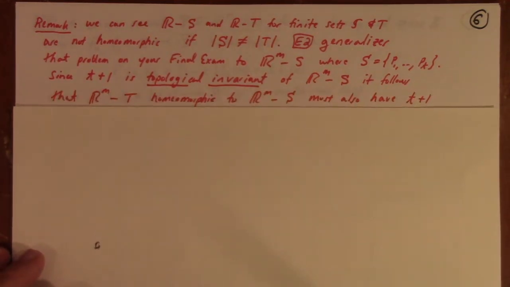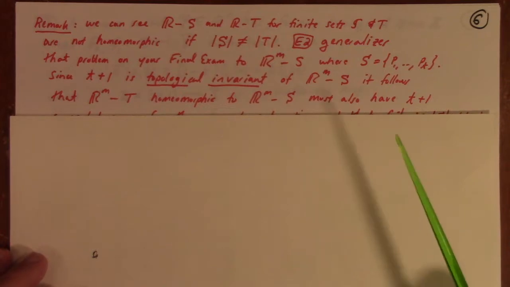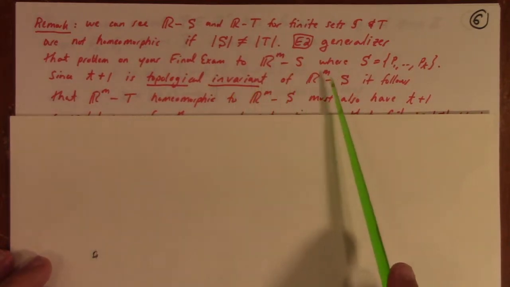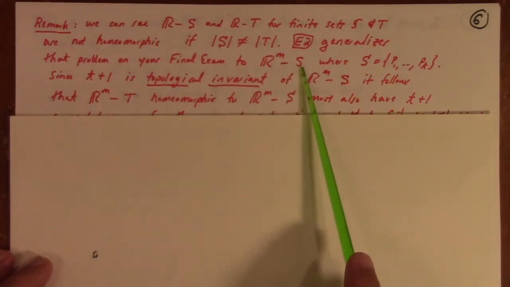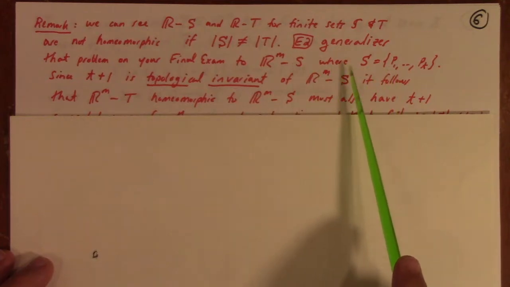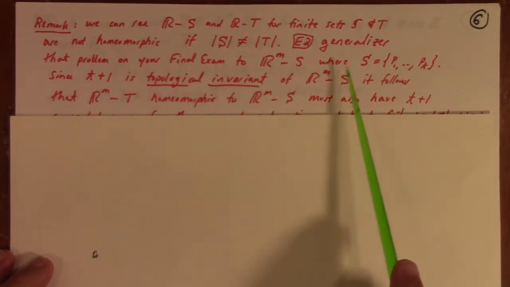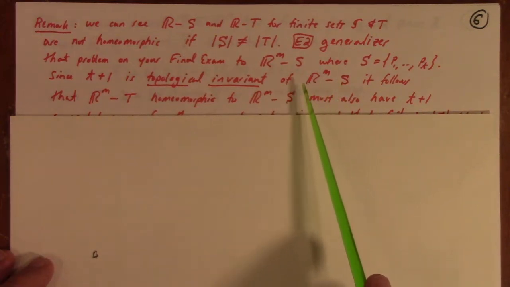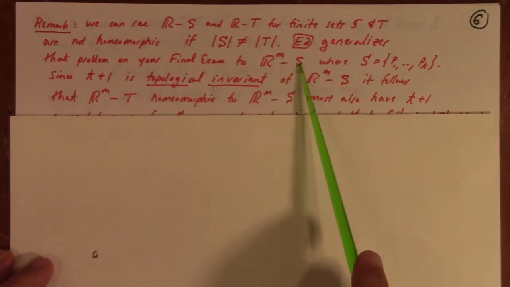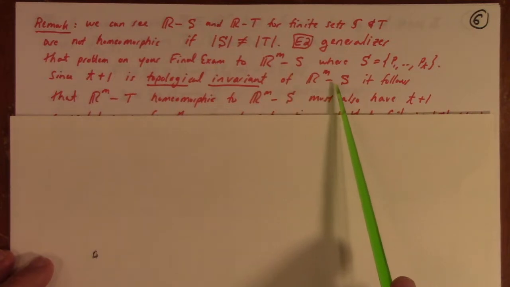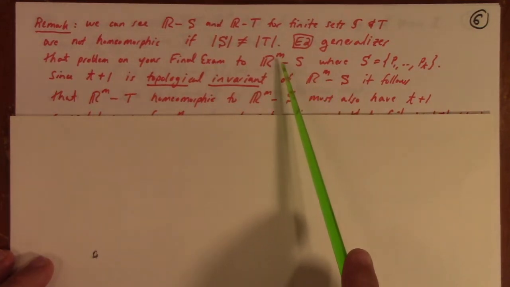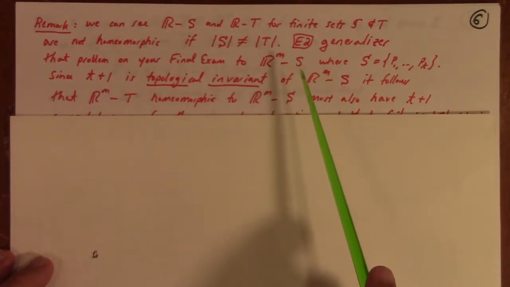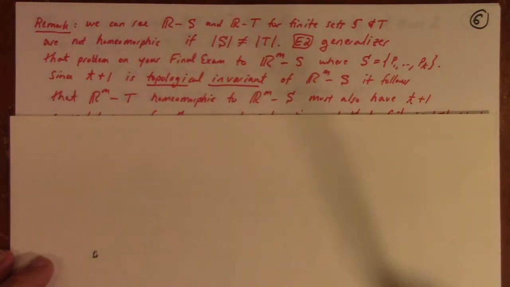And in the same sense here, if we have Rm and we delete t points from it, then that number, t plus 1, is a topological invariant of this. Because if you look at any exhaustion of this space by compact sets like we just did, example 10.6 says that the cardinality of the complement of the exhaustion is invariant of the choice of exhaustion.